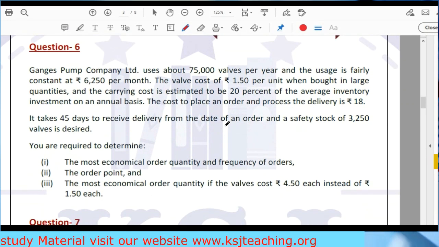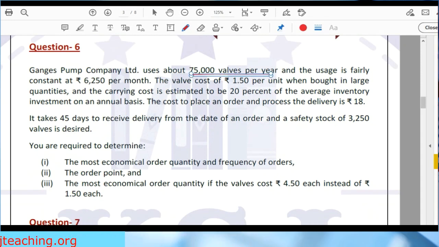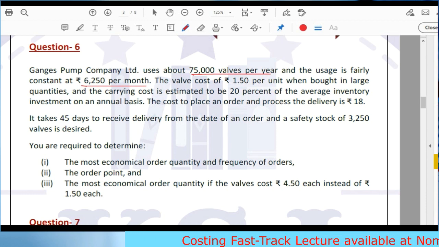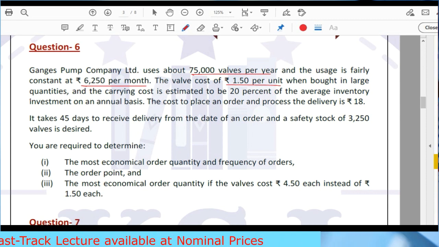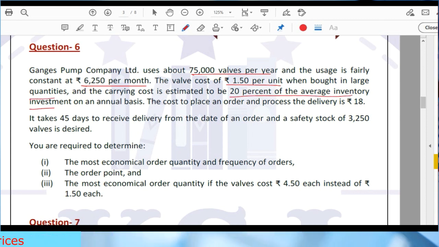The Ganges Pump Company Limited uses about 75,000 valves per year and the usage is fairly constant at 6250 per month, right? The annual 75,000, per month 6250. The valve costs rupees 1.50 per unit when bought in large quantities, and the carrying cost is estimated to be 20% of the average inventory investment on the annual basis.